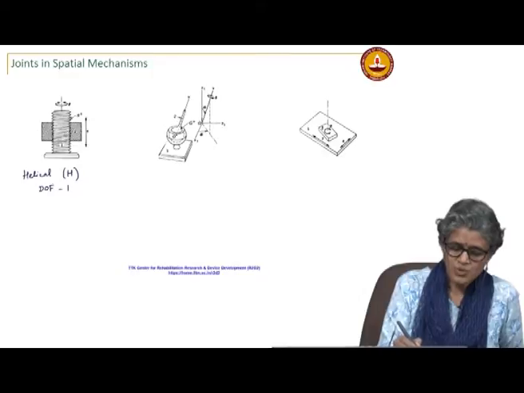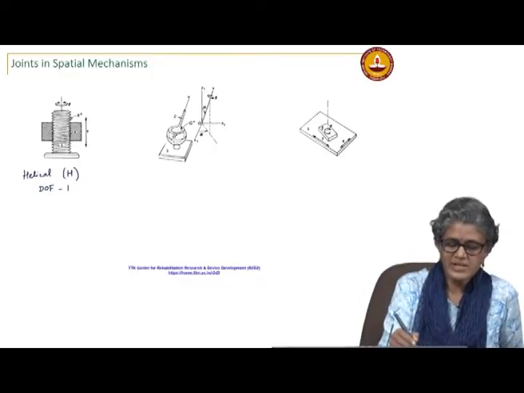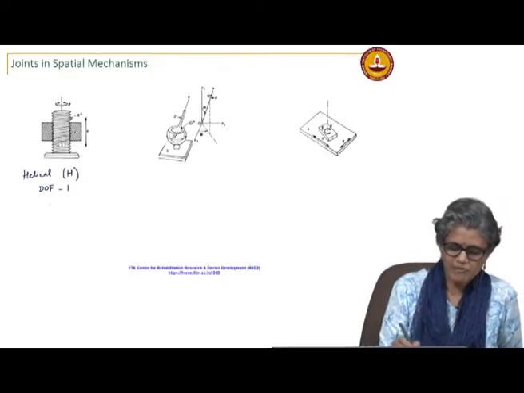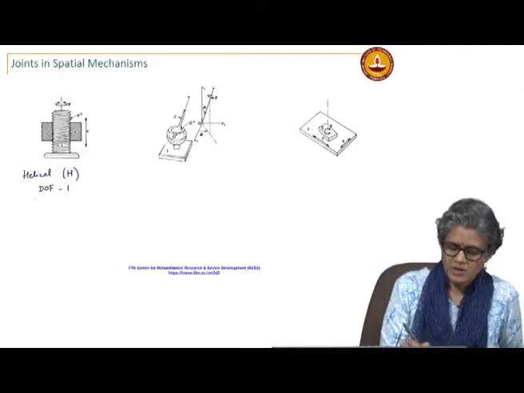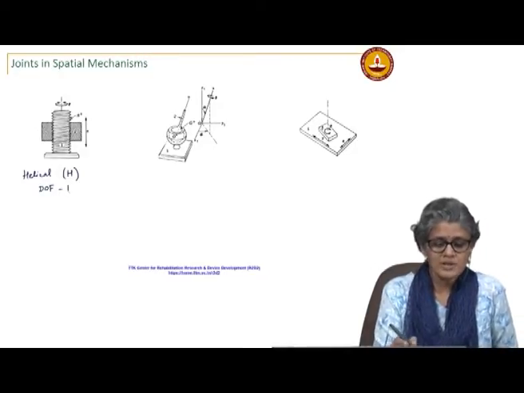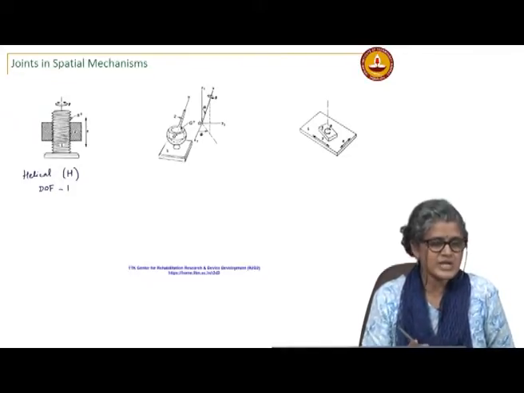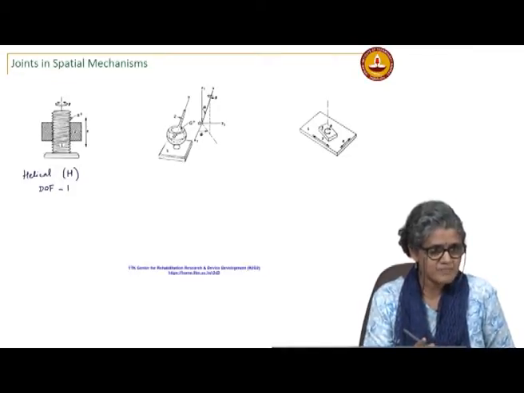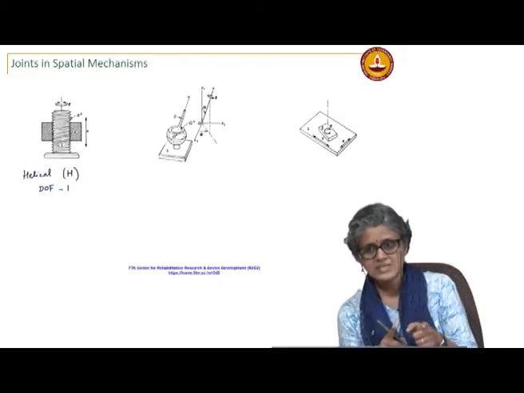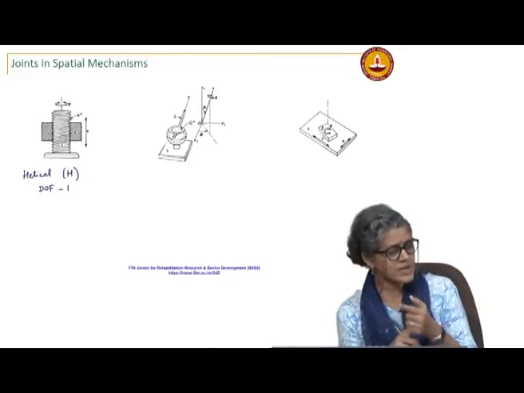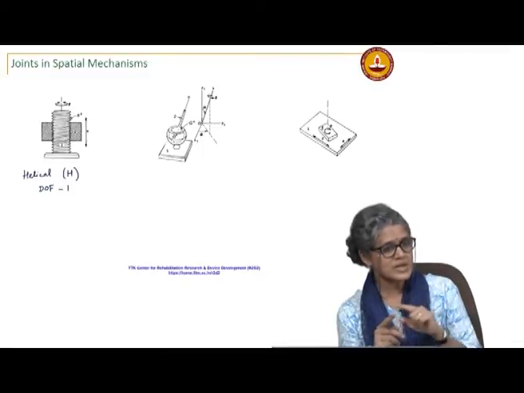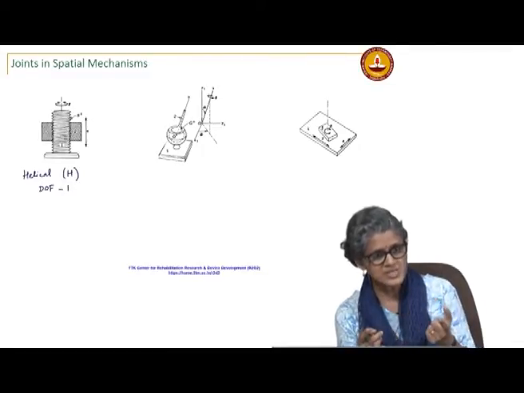So, you have a definite relationship between the two and therefore it is a 1 degree of freedom joint. Again the axis of rotation and the axis of translation are the same here, like the cylindric joint, but in the cylindric joint the two motions are independent.